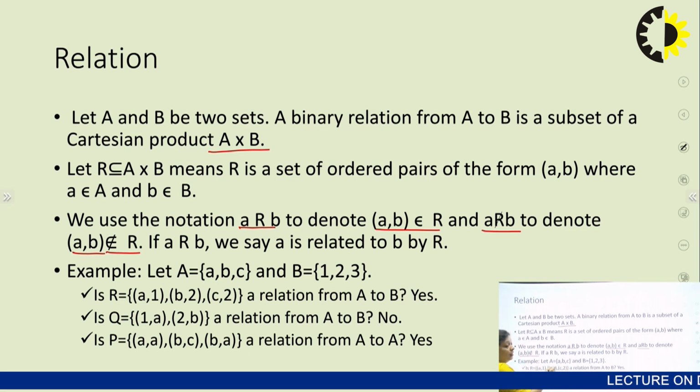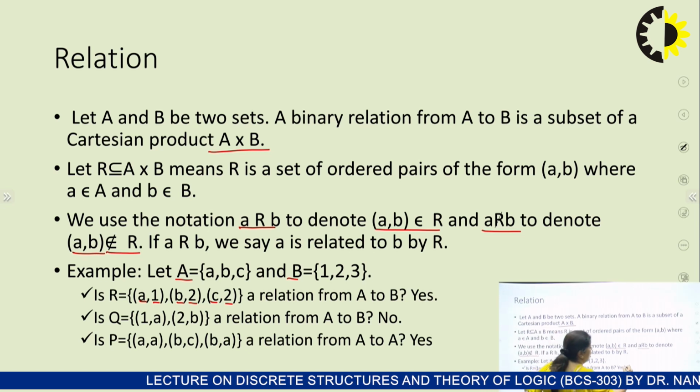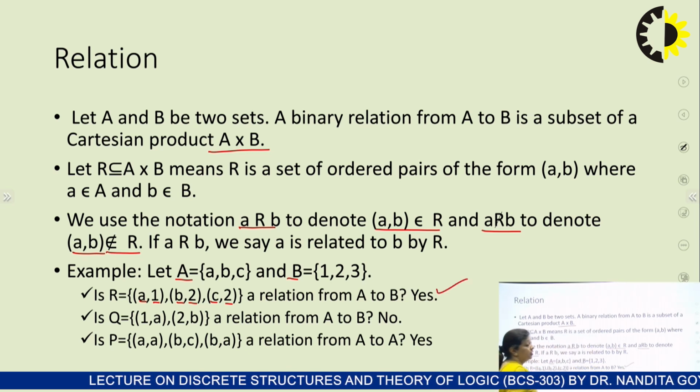If I check this relation, I can clearly see that the first component of each element belongs to the set A and the second component belongs to the set B. So it is clear that R denotes a relation from A to B. So the answer is yes.